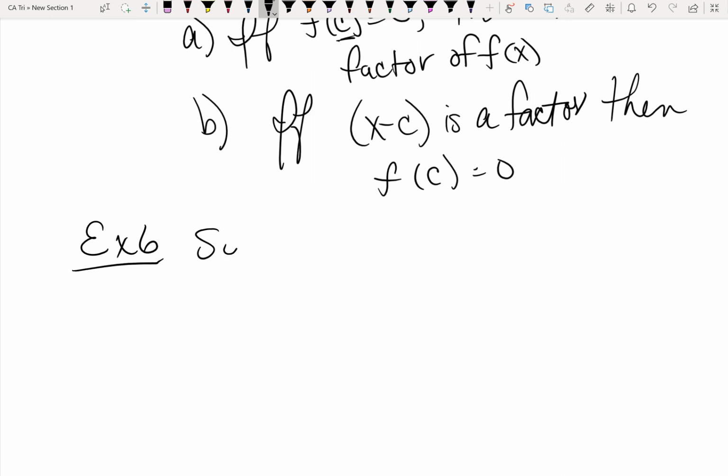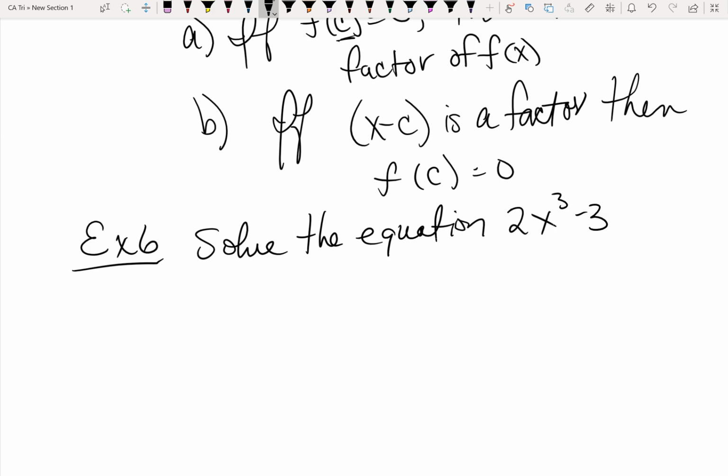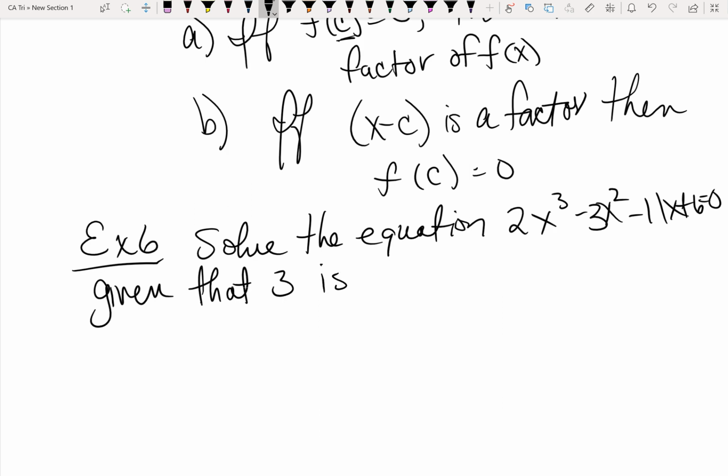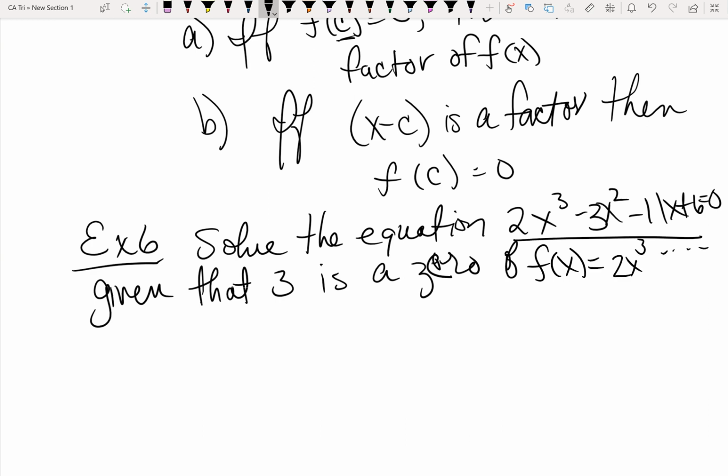It says solve the equation 2x cubed minus 3x squared minus 11x plus 6 equal to 0, given that 3 is a zero of f of x equal to 2x cubed, and so on, the same thing.